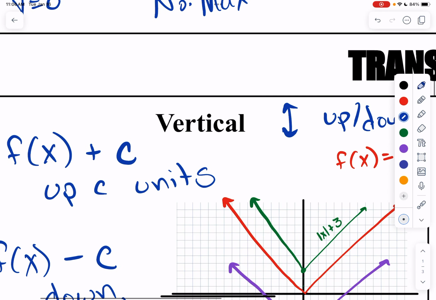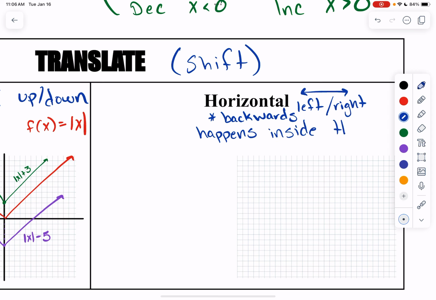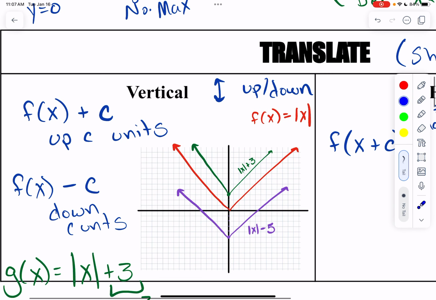How a horizontal works is you actually add inside the function. So it happens inside. What we mean by inside the function is we put it on the input. So I would graph f of x plus c. If you notice the difference in my parentheses, over here it's f of x, my function, and then I just add c on the end.